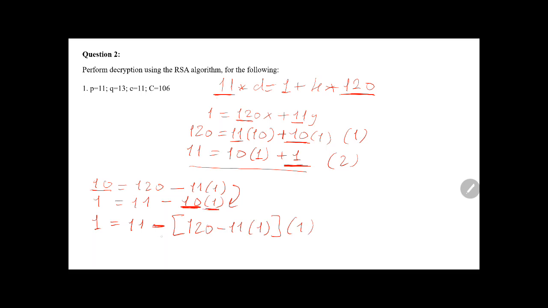So let's push in the negative sign here. So it will be 1 equal to 11 minus 120 minus 11, 10.